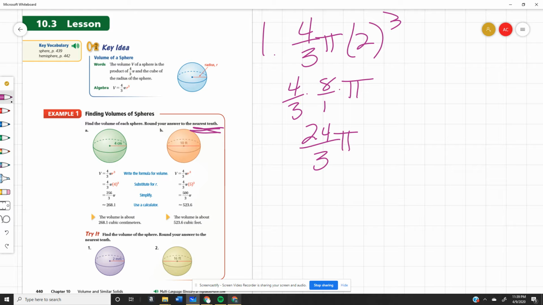I keep going too fast and hitting the wrong button for pi. Instead, I'm hitting E. Not the same answer. And so for this one, I am getting 25.1. I haven't even opened my book yet to see if my answer is correct. So if you got the same answer I did, I'm getting approximately 25.1 millimeters cubed. Then you probably got it right.